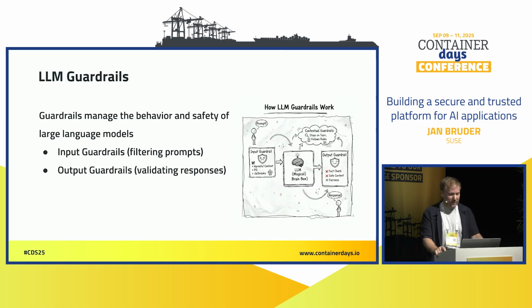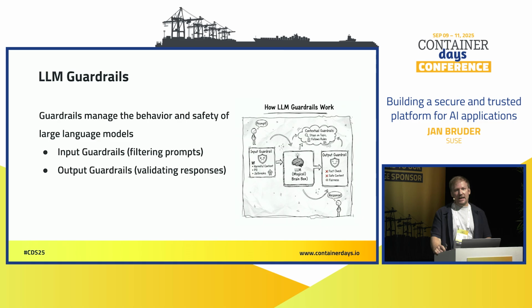So let's talk about some of the best practices for running LLMs on-premise. One important security measure is to implement guardrails. So first of all, guardrails are there to manage the behavior of LLMs. And each LLM, or most of the LLMs, have guardrails already in the model itself, right?